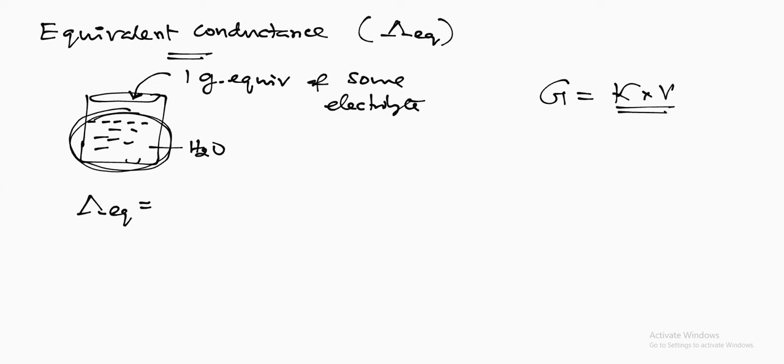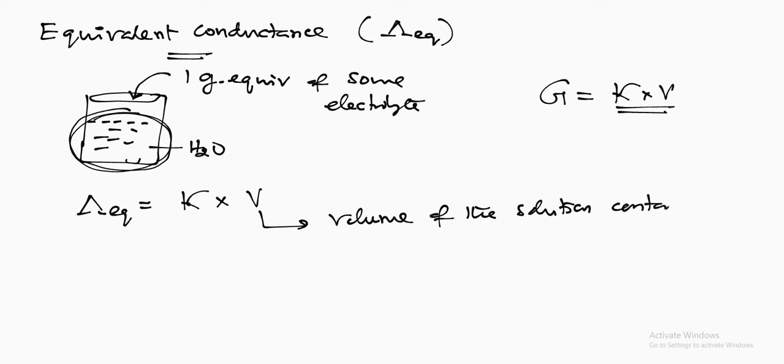Total conductance is nothing but kappa into V, where V is the volume of the solution containing 1 gram equivalent of an electrolyte. Simple.